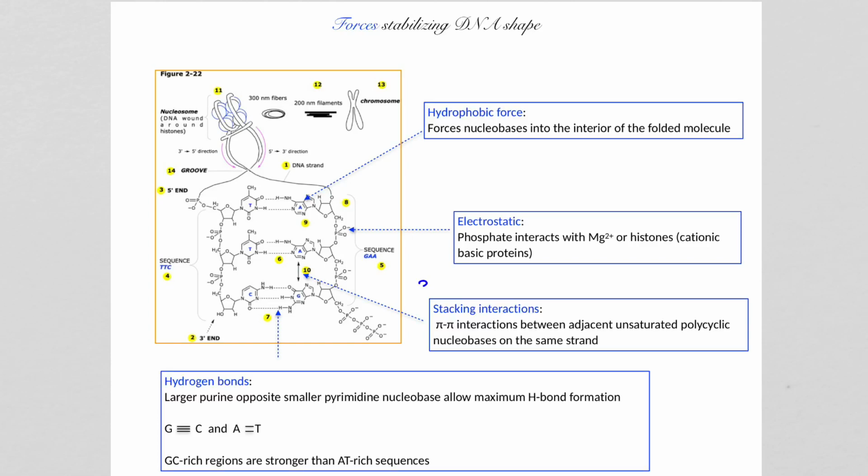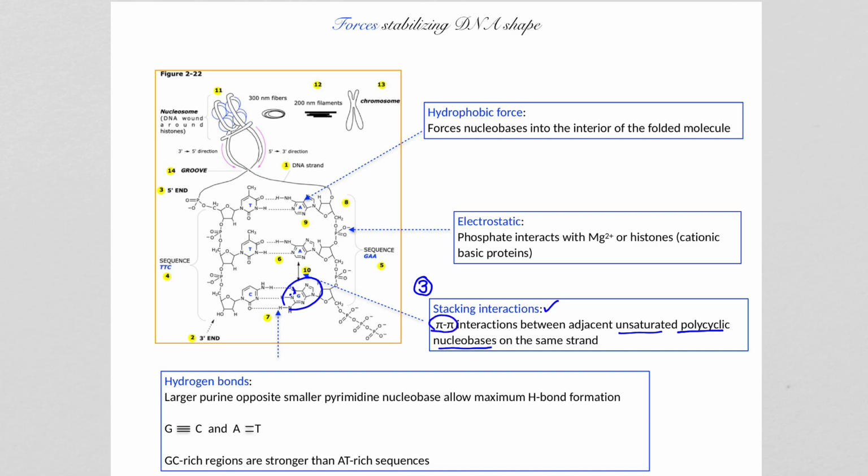Another important force that stabilizes the shape is what we call stacking interaction. These nucleobases are aromatic, so they are polycyclic aromatic compounds, and they are unsaturated, so they have pi bonds.